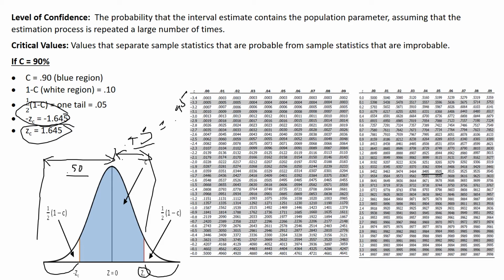Equidistant from the center. And if you're not sure, remember, this is 0.05 here, and this is 0.5 here. We always start the curve measurement from the very left up to that point. So we look at what 0.05 is.